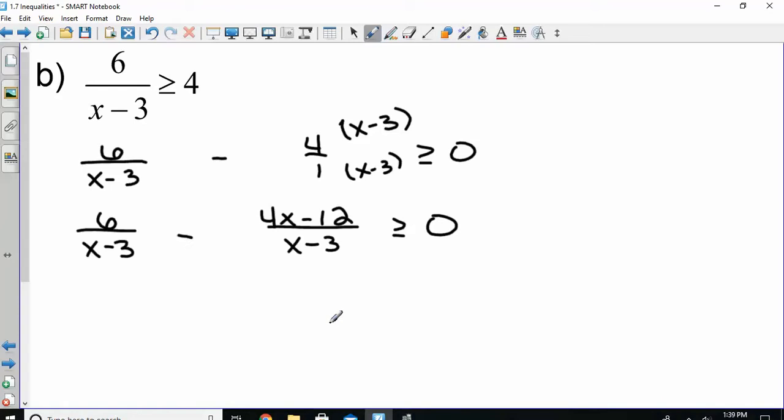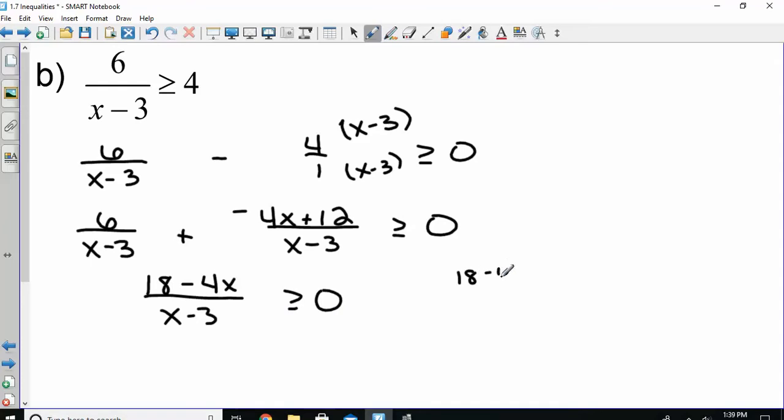Then what do we do? We have a subtraction, so we need to. So 6 plus 12 is 18, minus 4x over x minus 3.